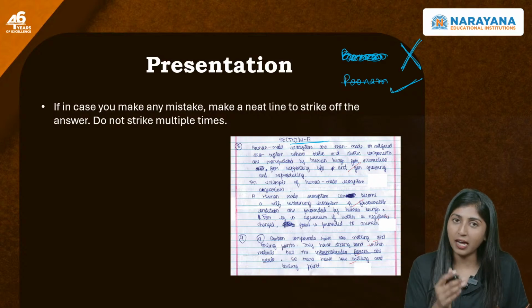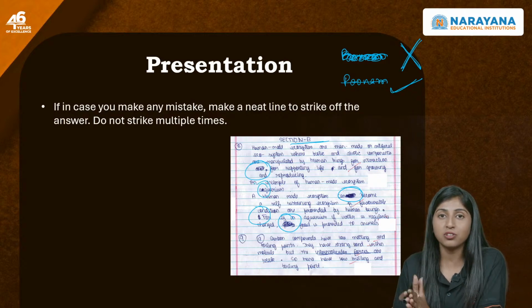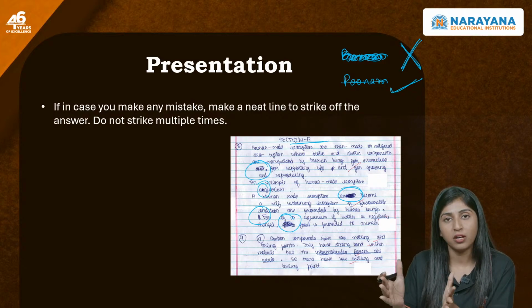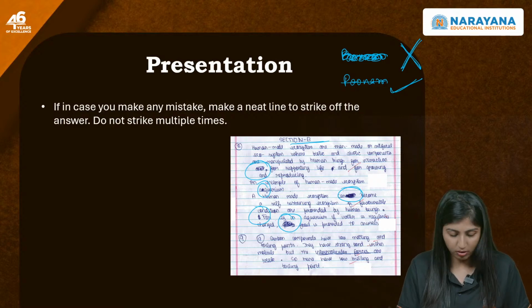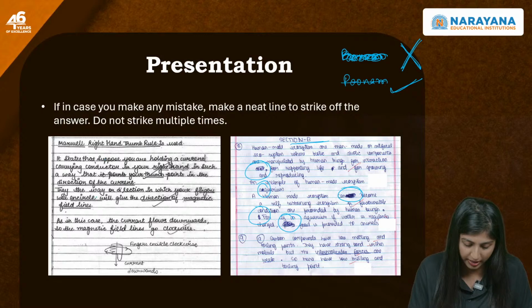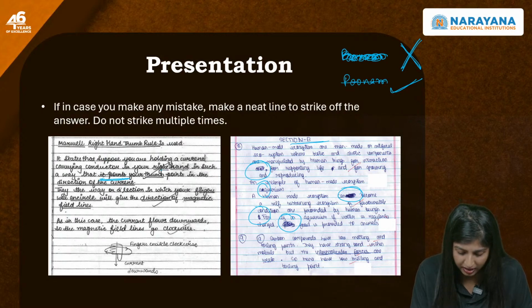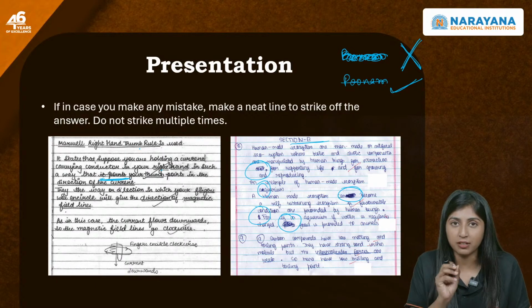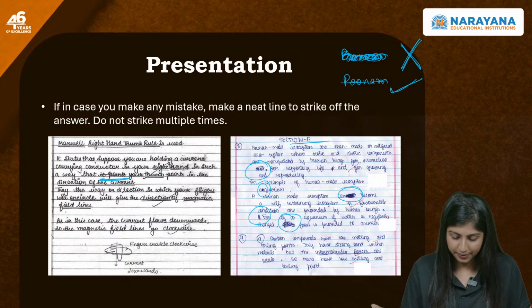In the examination, if you behave like this, definitely the examiner will get annoyed, so you will not get as much score. He or she might deduct half marks and you'll not know that, right? And every mark counts, right? So try to strike off like this child has done here. She made a mistake, so she made a decent cut, and it doesn't even look like she had struck off the answer. So that is what we have to do, right?